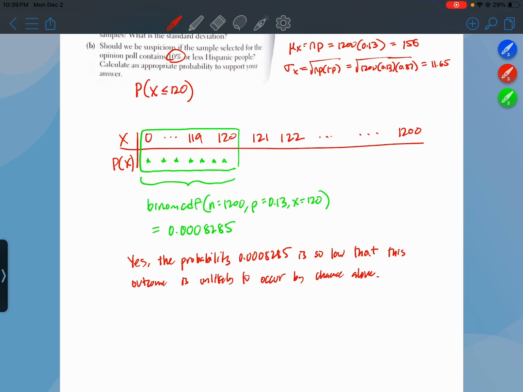So there's probably some other factor in play that would produce this result. It's not just chance.